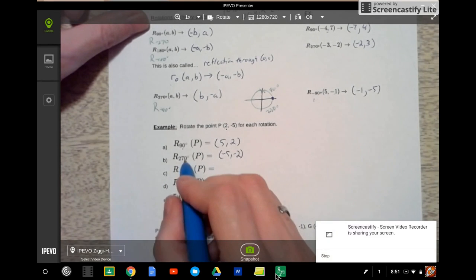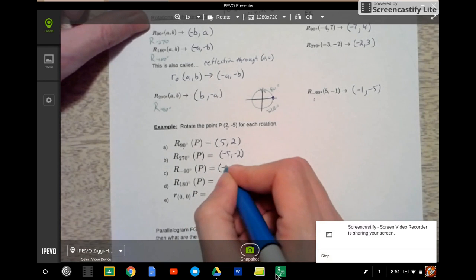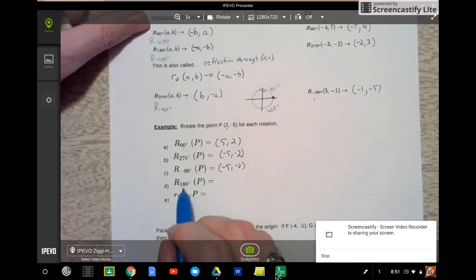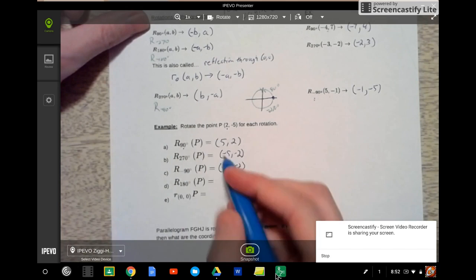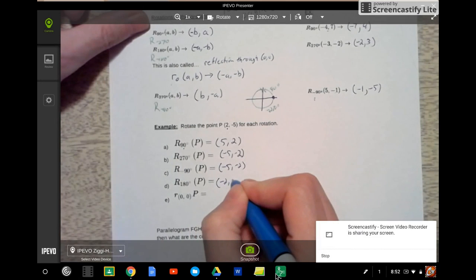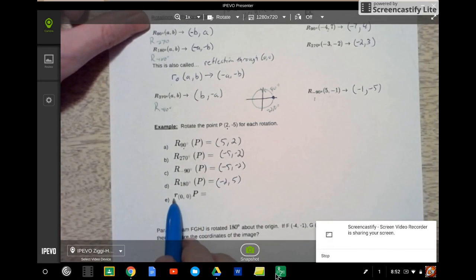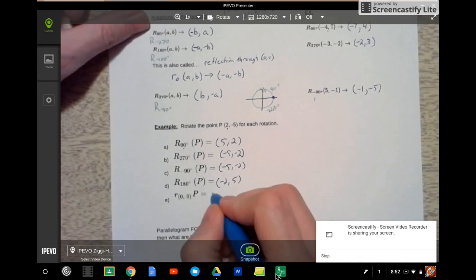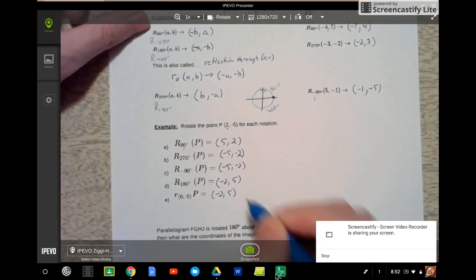Remember, negative 90 is the same as 270, so these will be the exact same answer. 180, I make them both a negative, so negative 2 and then positive 5. There's our reflection around the origin of point P, which we said is the same thing as a 180. So negative 2, positive 5.